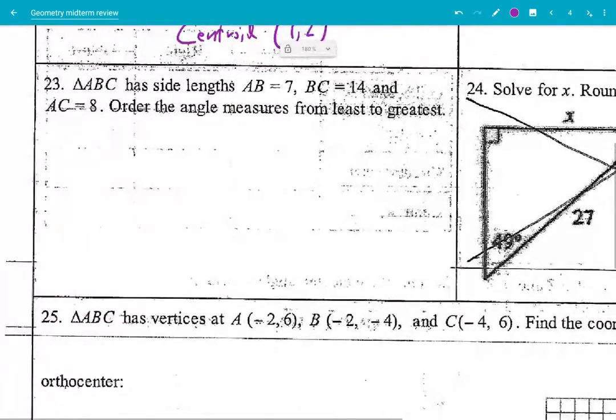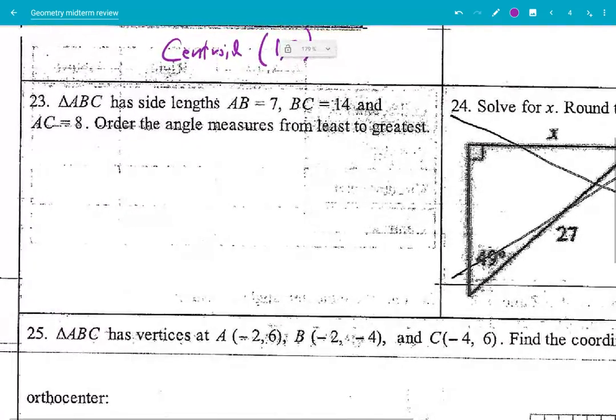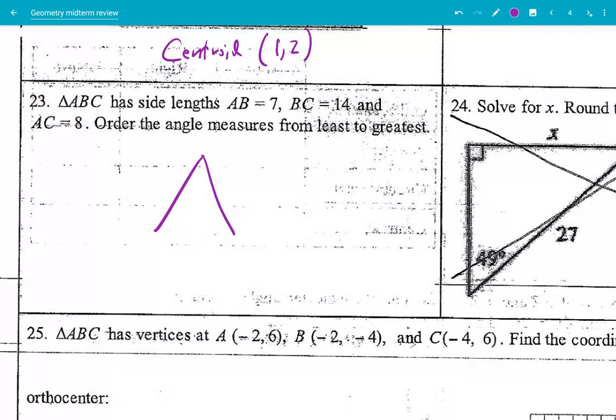All right, triangle ABC. Its side lengths: let's draw it out. A, B, C. AB is 7, BC is 14, and AC is 8. Order the angle measures from least to greatest.